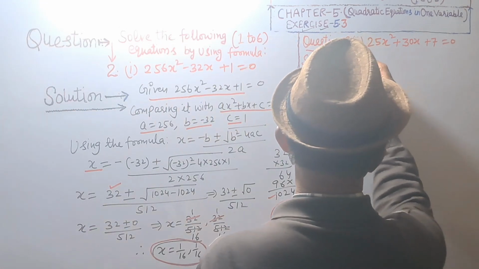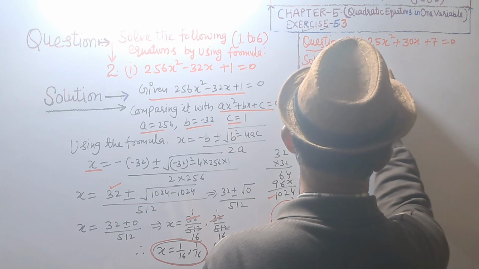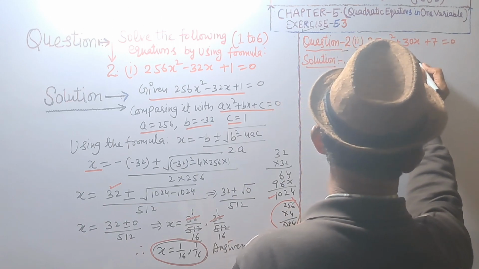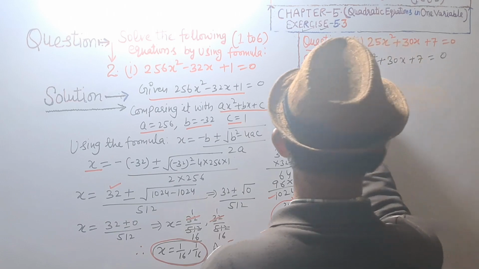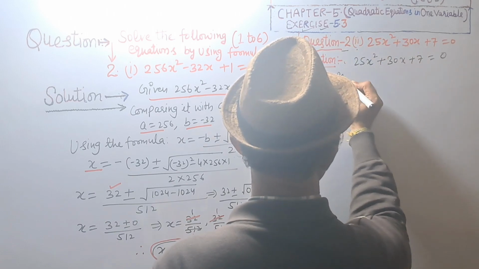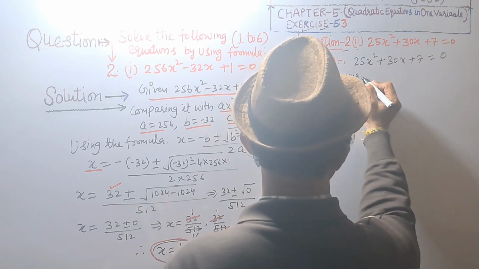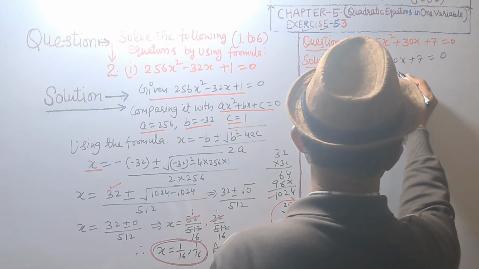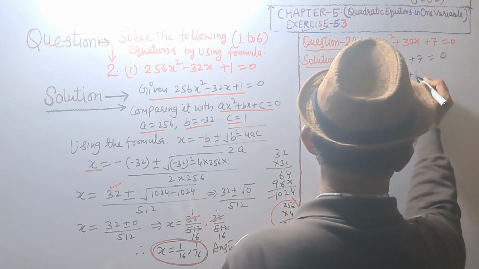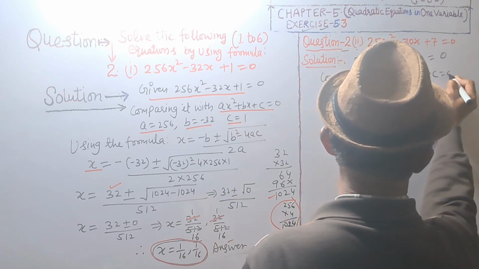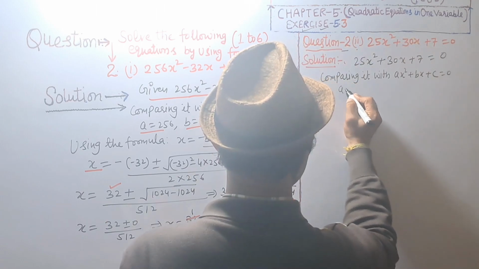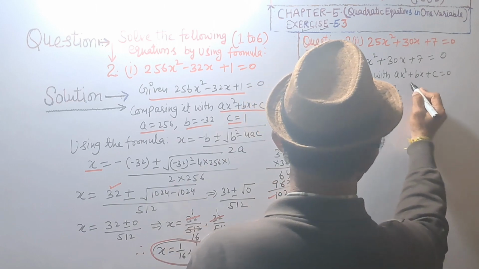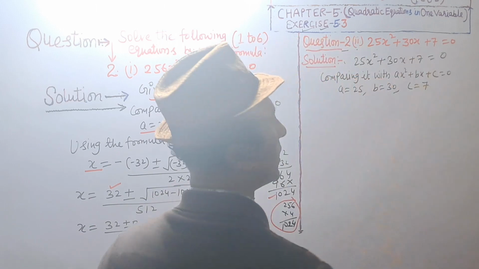Question number second part, that is 25x raised to power 2 plus 30x plus 7 is equal to 0. Comparing it with ax square plus bx plus c is equal to 0, A is equal to 25, B is equal to 30 and C is equal to 7.